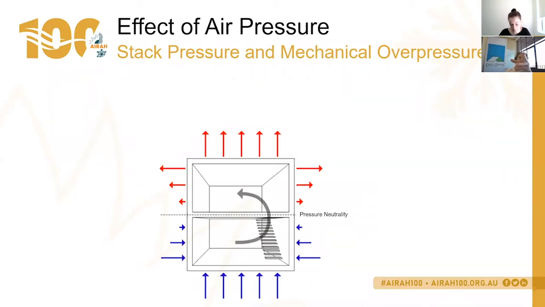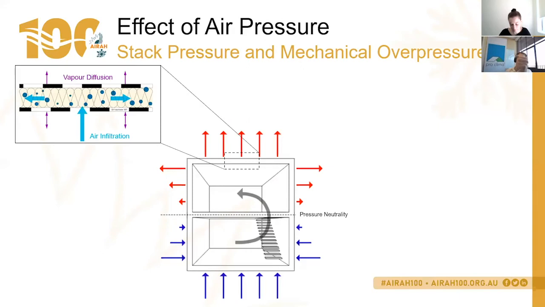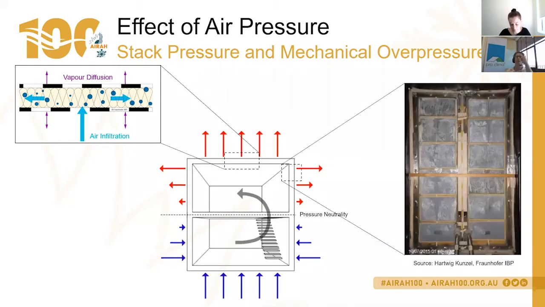And the reason this happens is because you've got a stack pressure in a building, for example, shown in the diagram. If the hot or warm humid air is pushed up to the top of the building, then that warm humid air can diffuse into the structure and create moisture damage in the structure by the air transported water vapor mechanism.